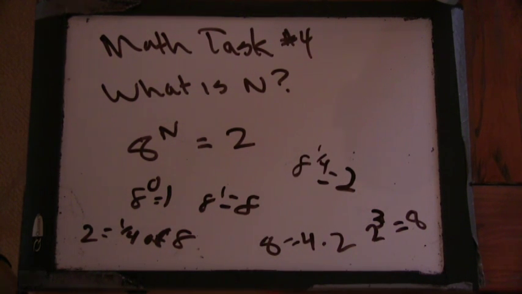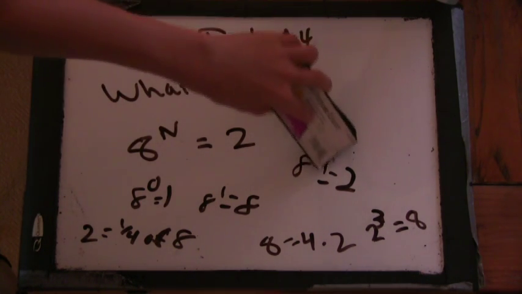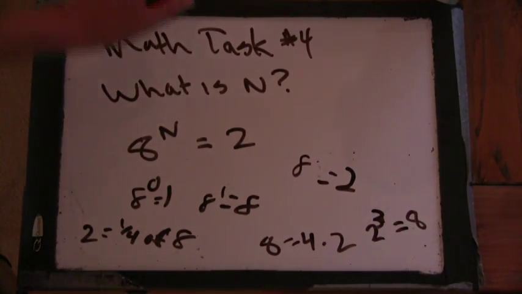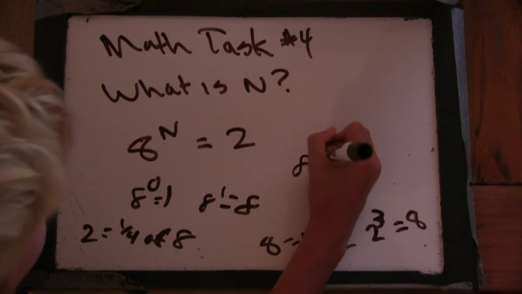So maybe we want to go the other way around. Maybe we could try a third, because we have 3 here, and if we want to go backwards, we're going to do the reciprocal. So maybe 8 to the 1/3 equals 2.